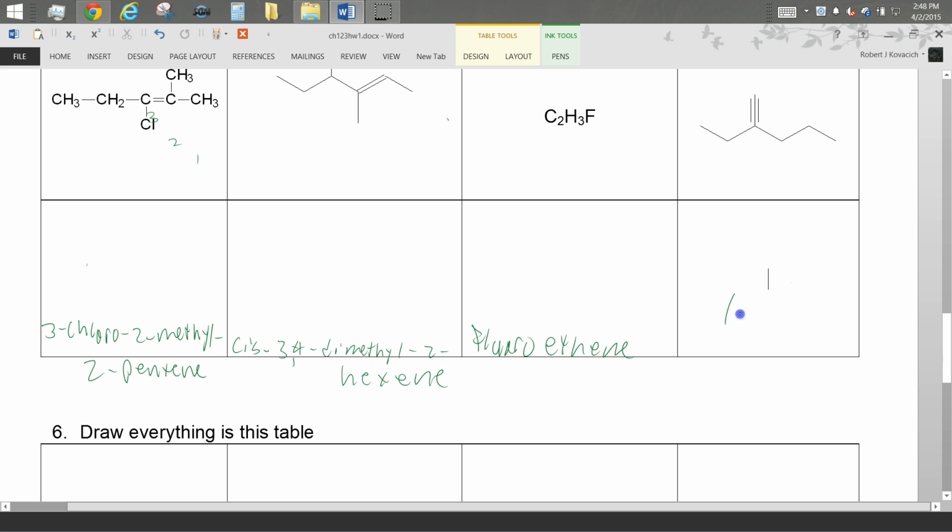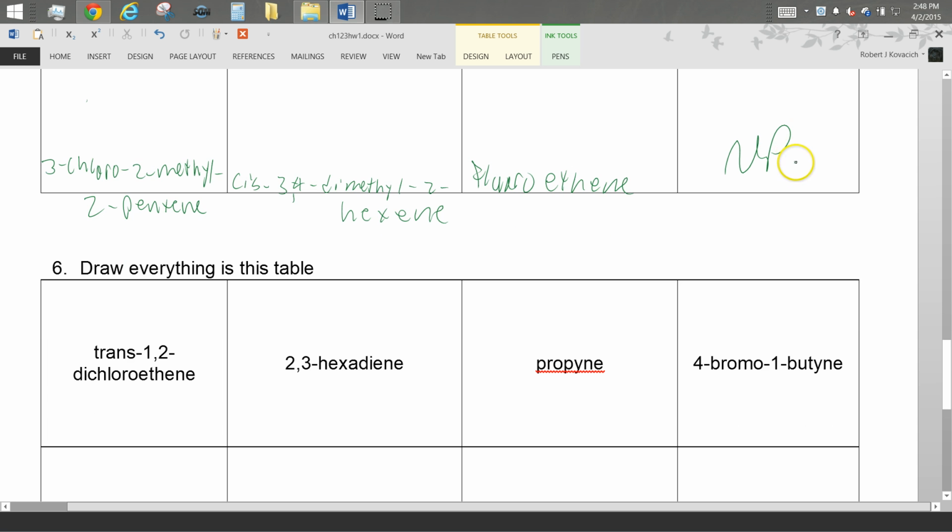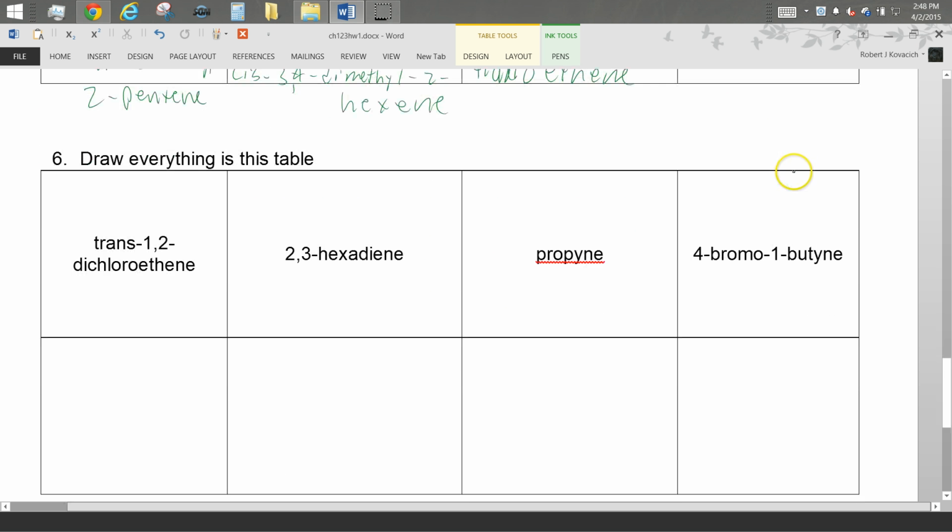Okay, and you okay with that? A triple bond can't have 2 things coming off the other, because what's the hybridization of this carbon that's got a triple bond on it? SP, so it doesn't have any more bonds to make other than 2. What did you write there, Andy? Not possible.